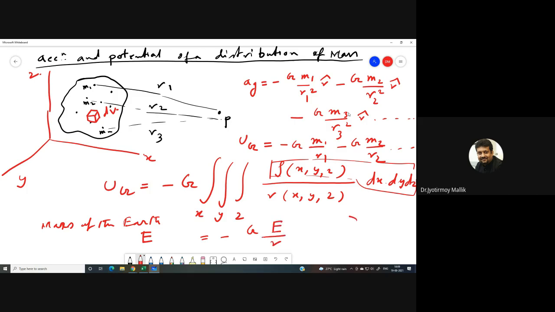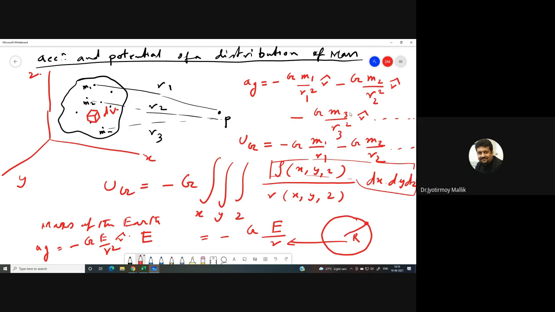Now, if we think that this is the earth, and this is the radius of the earth, and let us designate the radius as capital R, and we want to consider the gravitational potential and acceleration on the surface of the earth. Okay, then we can replace small r with capital R. And similarly, AG will then be small g E by R square in a vector. All right. So this is what we can do.